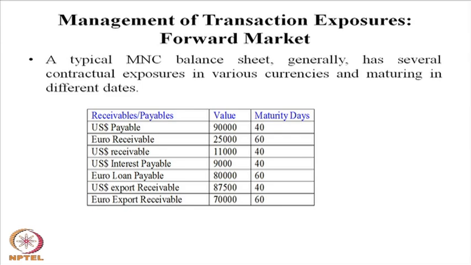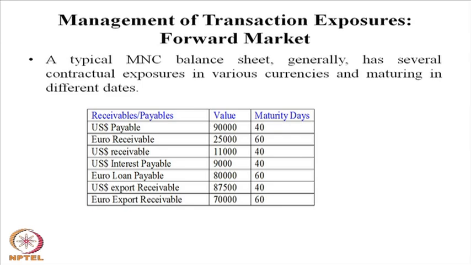And if you see this example here, receivables and payables are given to you, along with their values and maturity dates. The US dollar payable is 90,000 and the maturity date is 40 days. Just after 40 days, the particular MNC will need to pay $90,000.